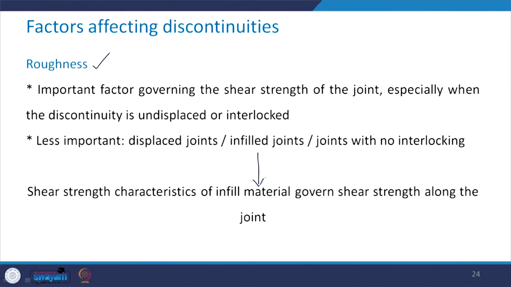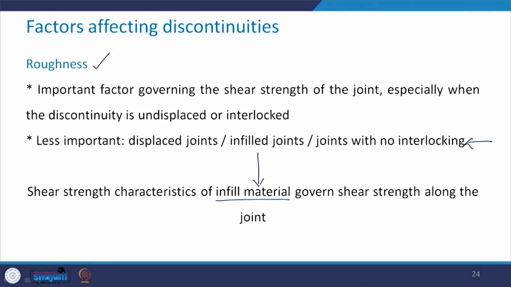This roughness is less important in the case of displaced joints, infilled joints or joints with no interlocking, and therefore the shear strength characteristics of the infill material govern the shear strength along the joint. So when you have infilled joints, it is the characteristic of the infill material that governs the shear strength, not the roughness of the discontinuity.